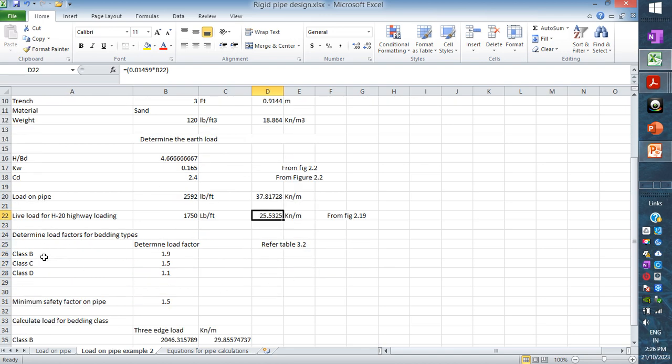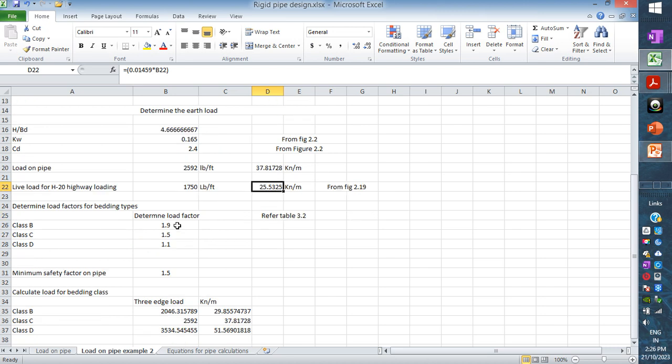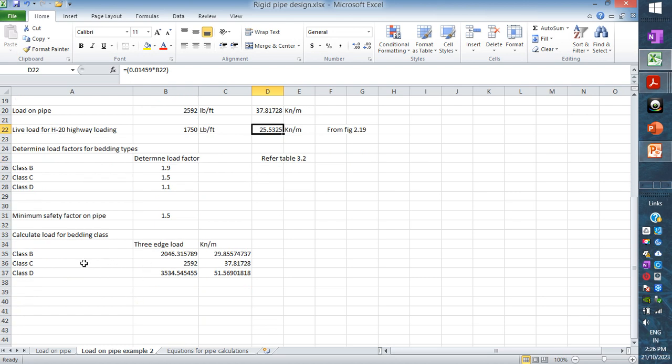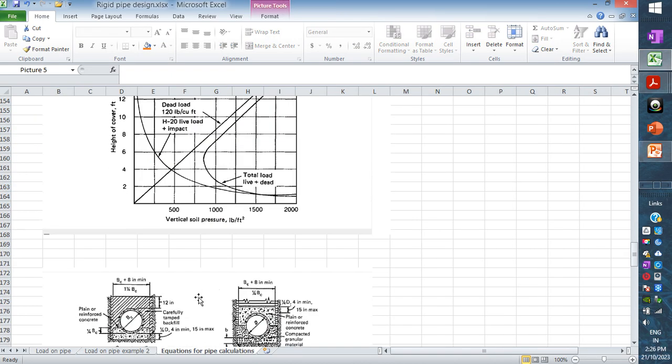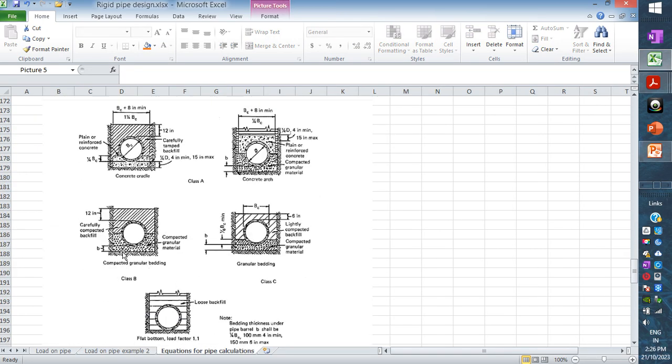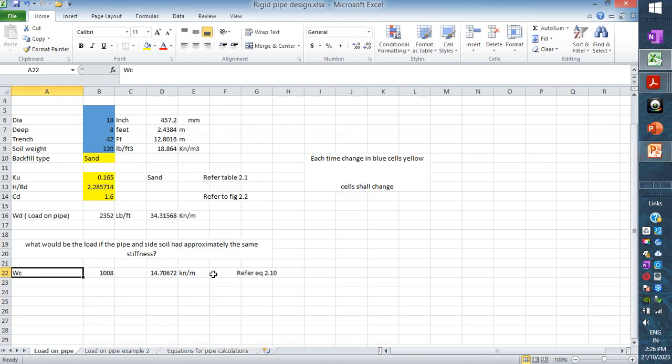Based on a bedding condition B, C, and D, having determined the load factor, the appropriate one is class B, which we use in Australia, and will have about 29 kilonewton per meter. Class B loading, which I explained here, is granular backfill all the way compacted, class 2 or class 3 aggregate, compacted all the way in 150 thick layers.